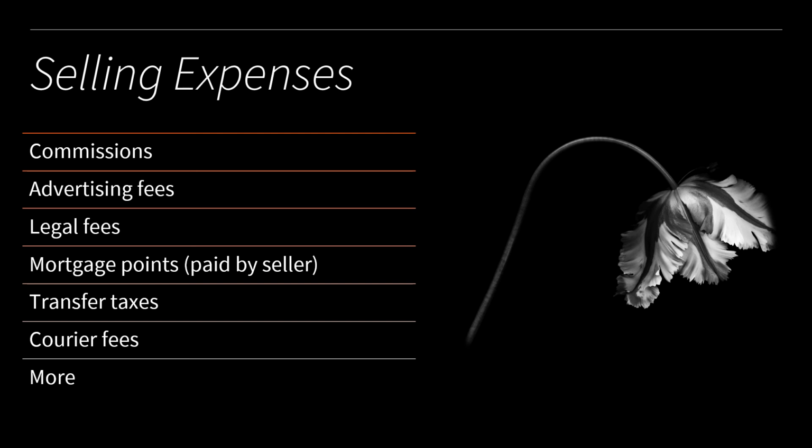If that's the case, that's considered a selling expense for the seller. And then any transfer taxes or courier fees, and there are more things that could be added to selling expenses, but those are the common ones.